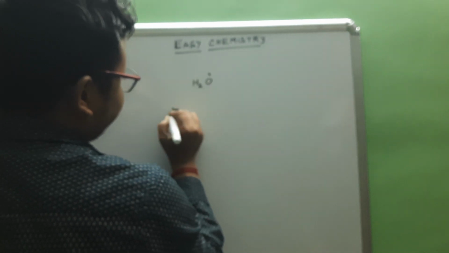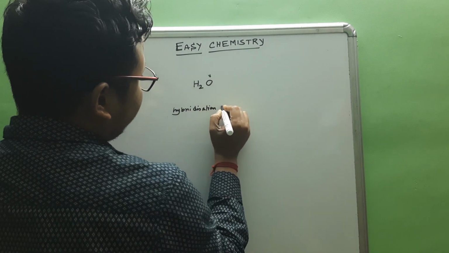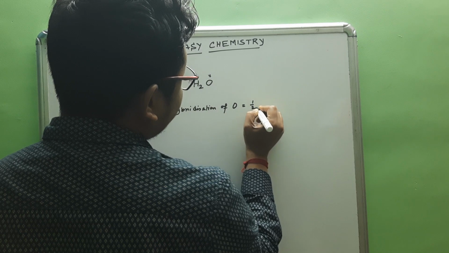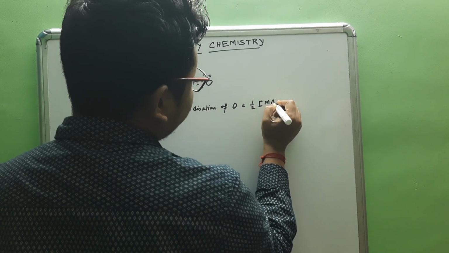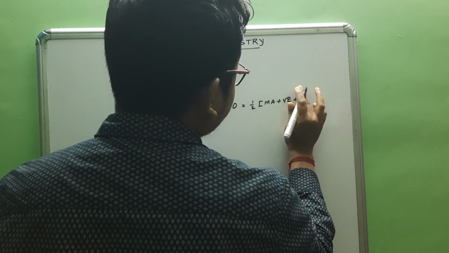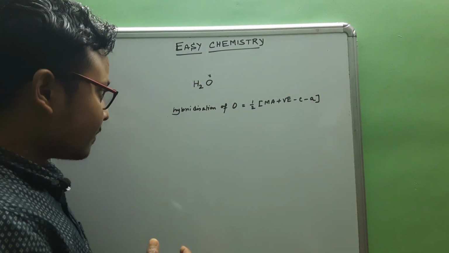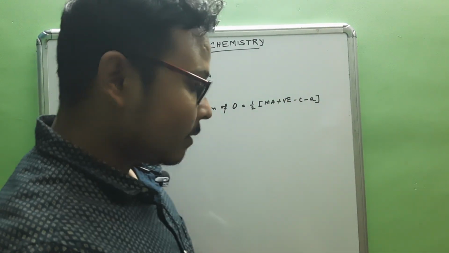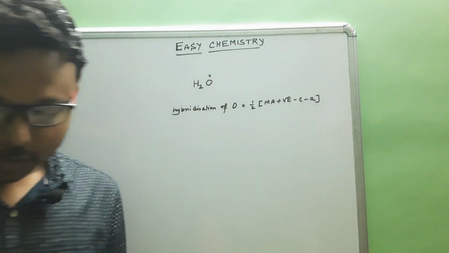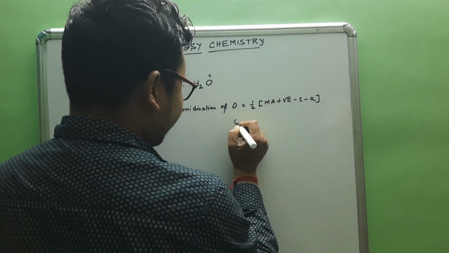So hybridization of oxygen is equal to, as per our formula, half into Ma plus Be plus or minus C minus A. We discussed the details of the derivation of this formula in our previous class. I will provide the link below in the description box. Okay, so with the help of this equation, we can derive the hybridization of oxygen.